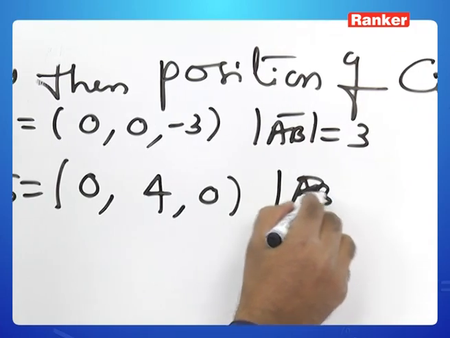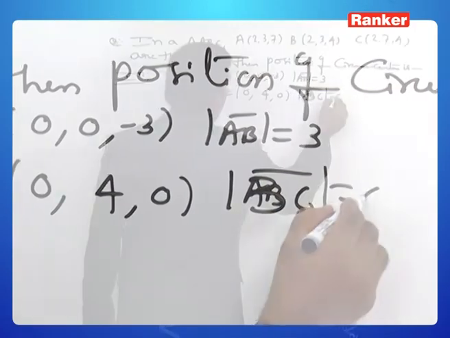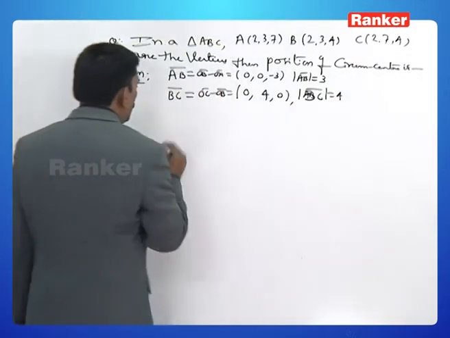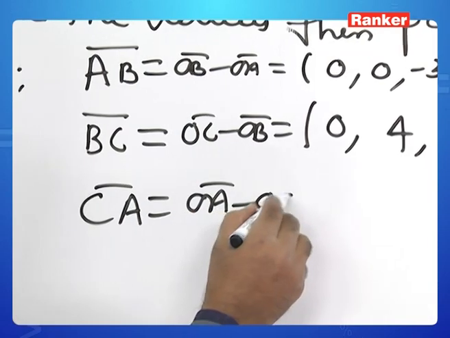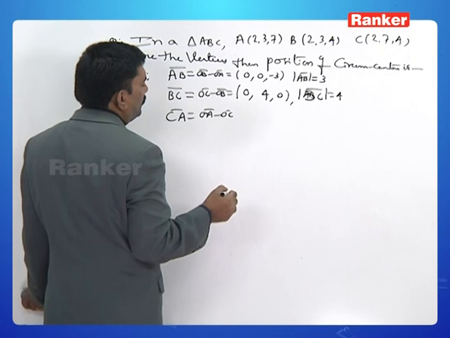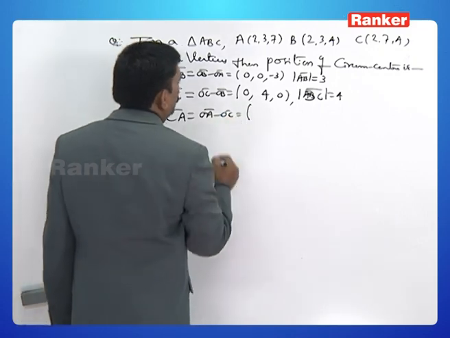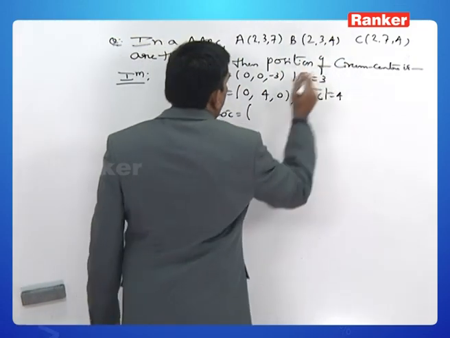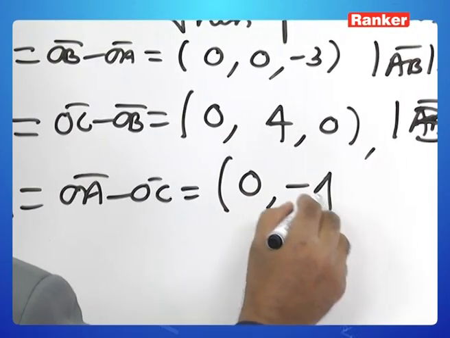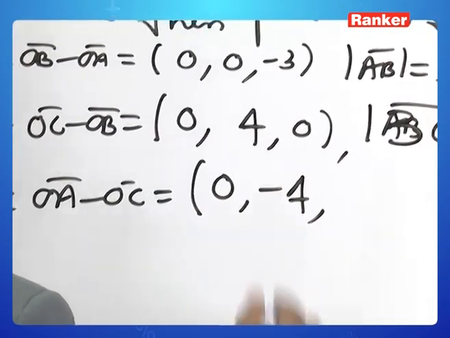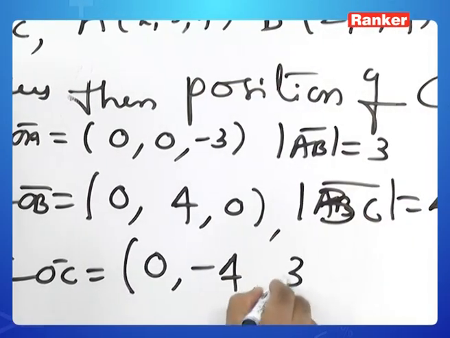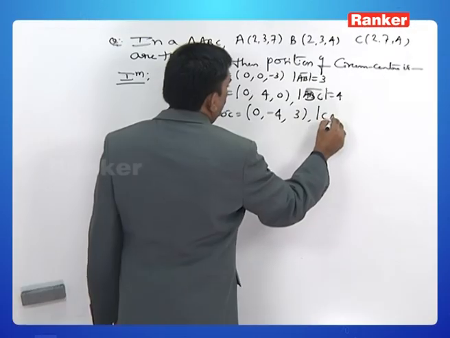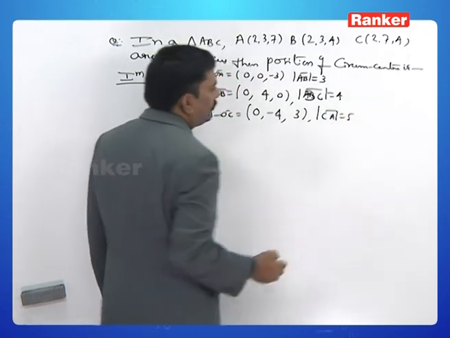Modulus of BC bar is equal to 4. Next, CA bar is equal to OA minus OC. 2 minus 2, 0, minus 4, next 3. Then modulus of CA is equal to 5.